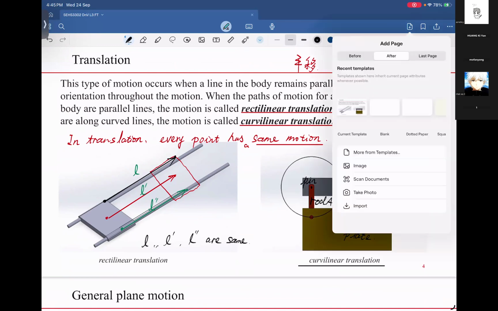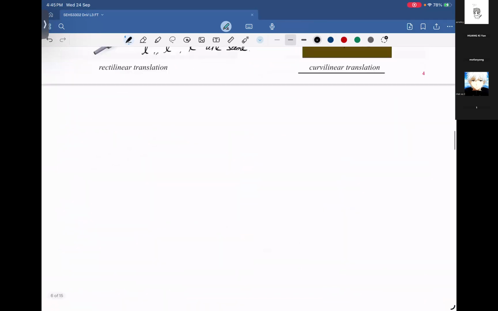In translation, as long as the rigid body is in translation, it can be curvilinear translation or rectilinear translation.